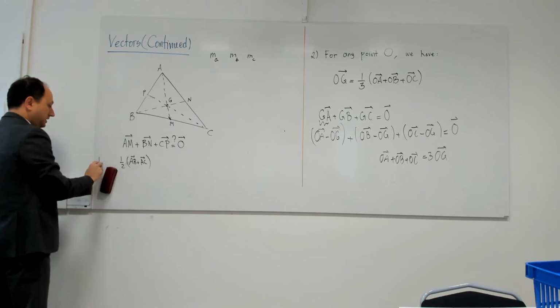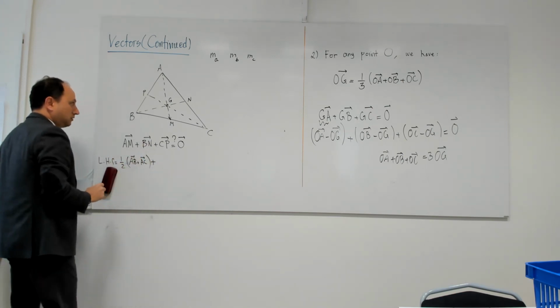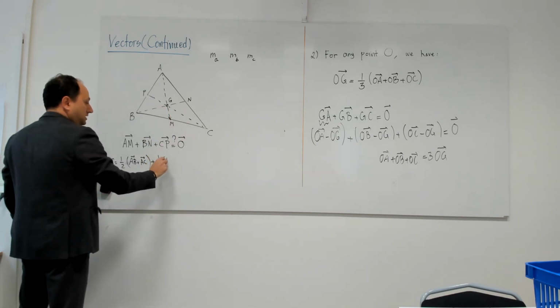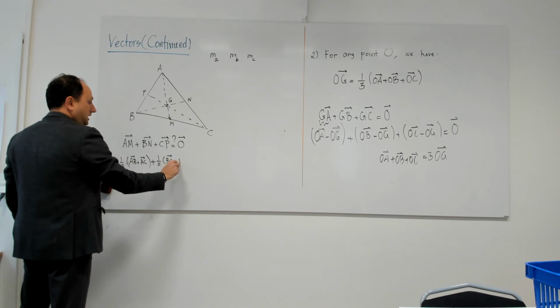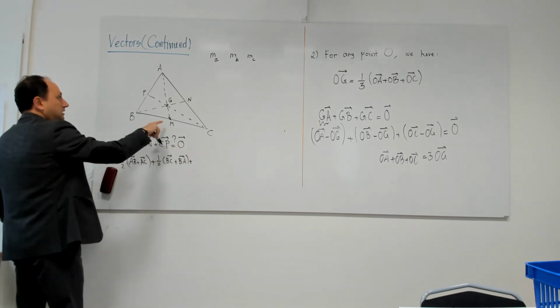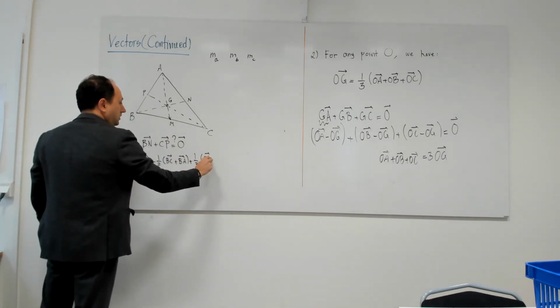So the left-hand side is equal to that. And then instead of BN, I can write 1/2 (BC plus BA). And then instead of CP, I can write 1/2 (CA plus CB).